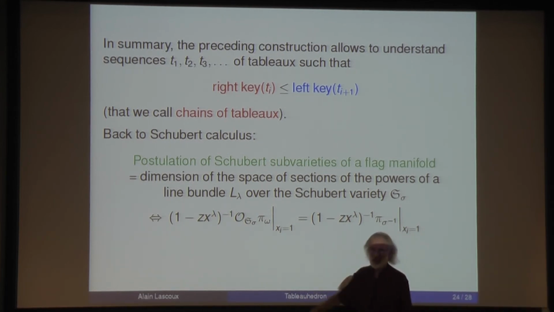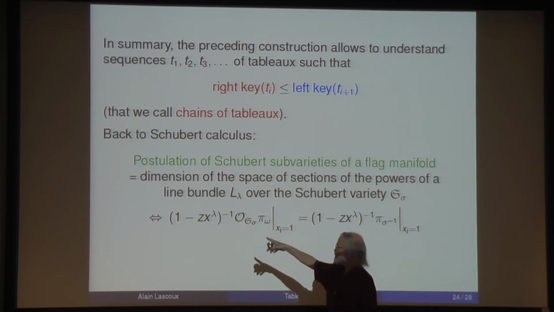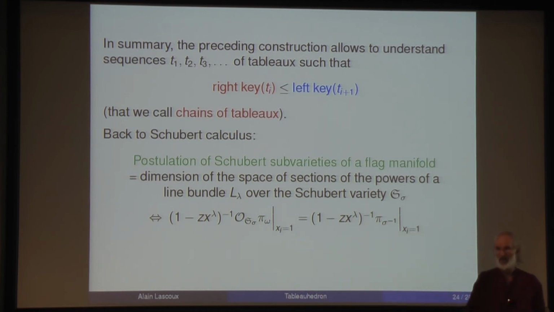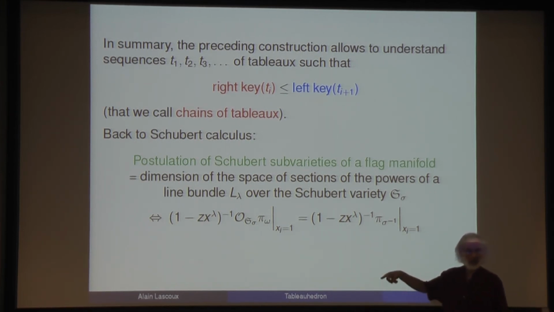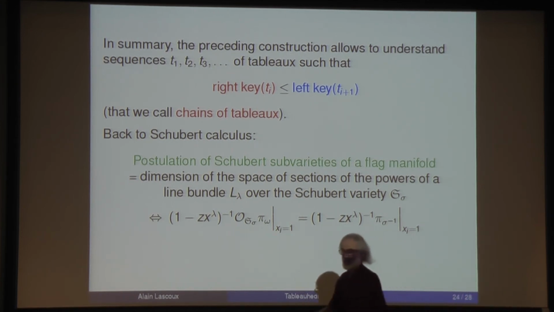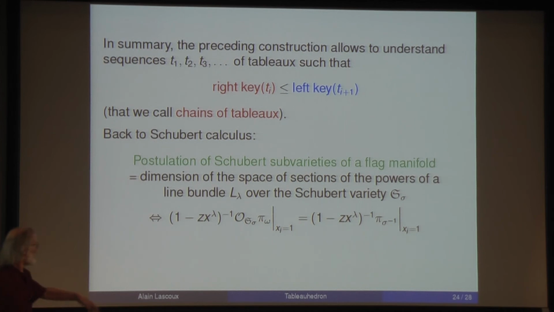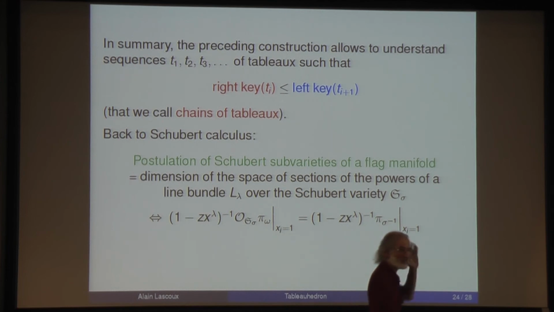So I take a dominant monomial, that is to say, a very ample line bundle, the class of a very ample line bundle. I take the generating function, I put a z to have a generating function, so I take the inverse, 1 minus z x power lambda, that is to say x1 power lambda 1, x2 power lambda 2. I multiply it by the class of the structure sheaf of the Schubert variety, in K-theory, and I apply the Demazure operator, the maximal Demazure operator, because it's an isomorphism.